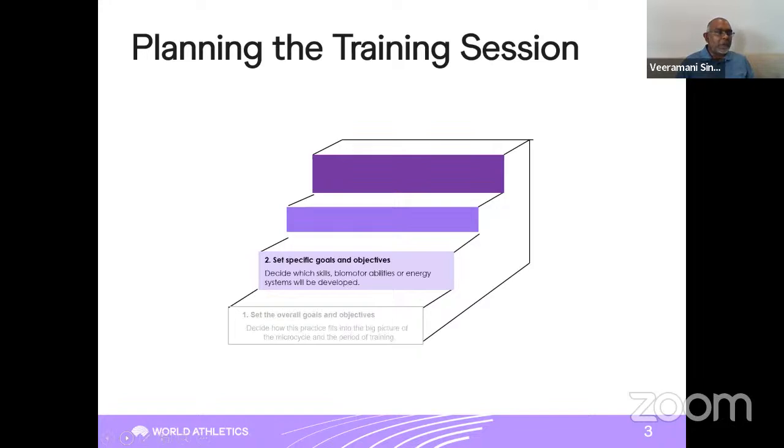And of course, we also need to know what type of skill and biomotor energy systems we want to develop to enable the final outcome. So again, always have a bigger picture. We remember we talked about when you want to develop skills, we need to have different orientations towards skill: slow to fast, easy to complex, loaded to unloaded.